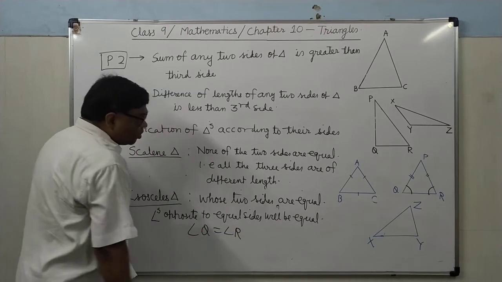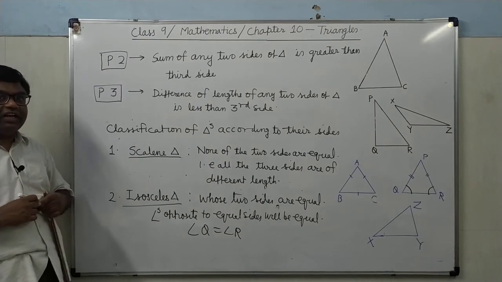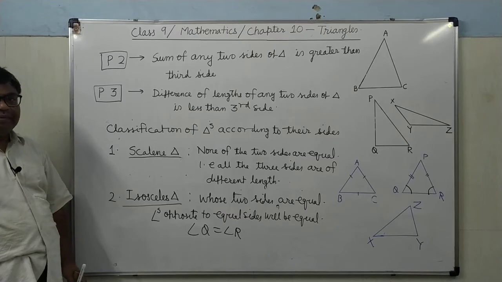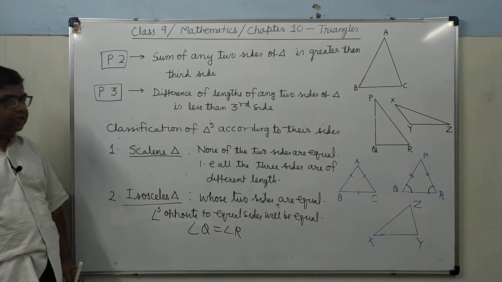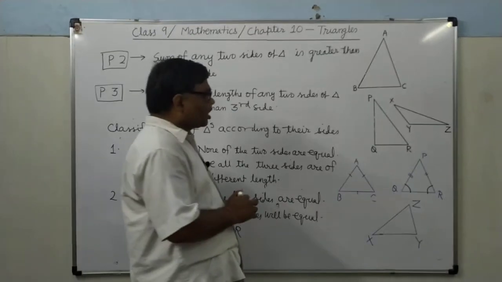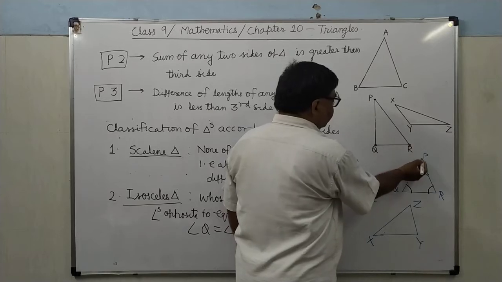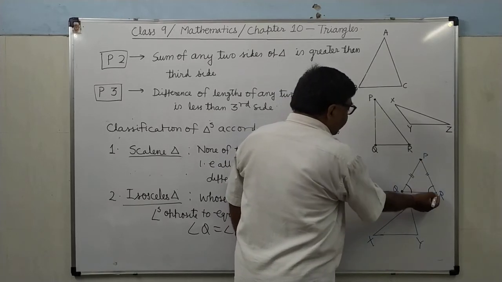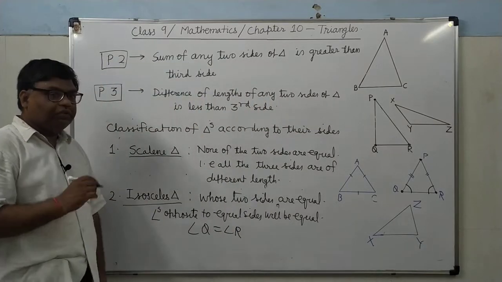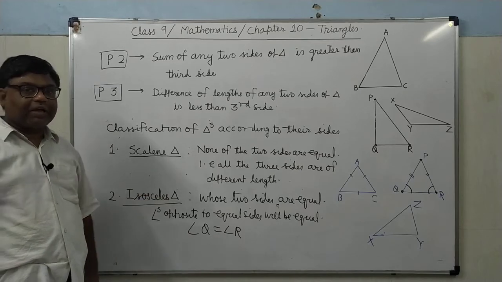Here I have written the names of angles by using a single letter. It can be written in 3 letters also. But if at any vertex there is only one angle, these points are called the vertex of the triangle, then we can denote that angle by a single letter.